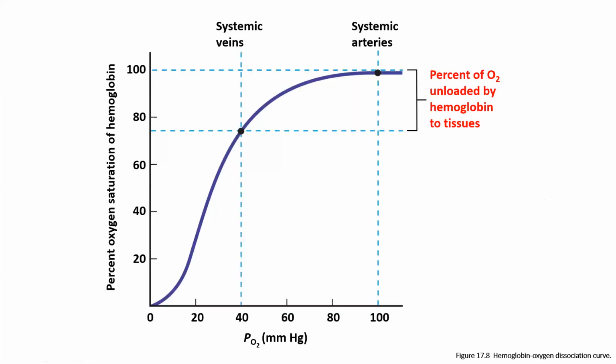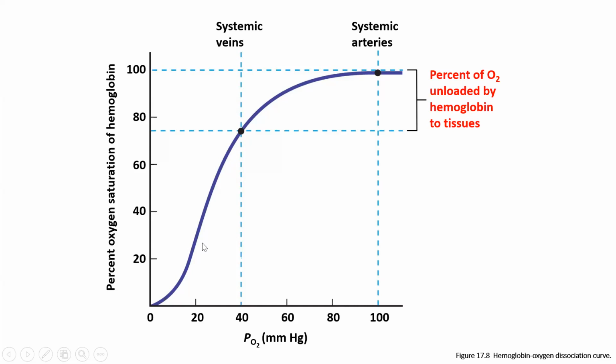I do want to point out one more thing here. This cooperative binding that we see for oxygen is really a reflection of the affinity of oxygen to hemoglobin. And what that means is when that first oxygen binds to our hemoglobin, the attraction between hemoglobin and oxygen really increases such that the distal part of the curve is more steep, okay?